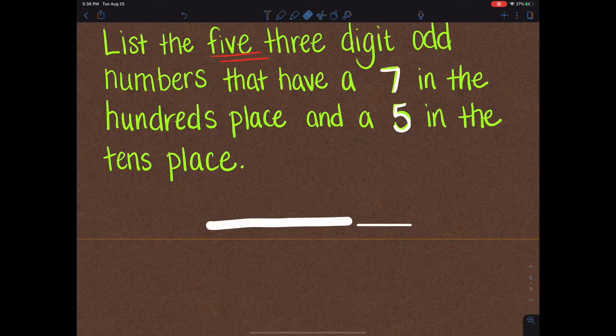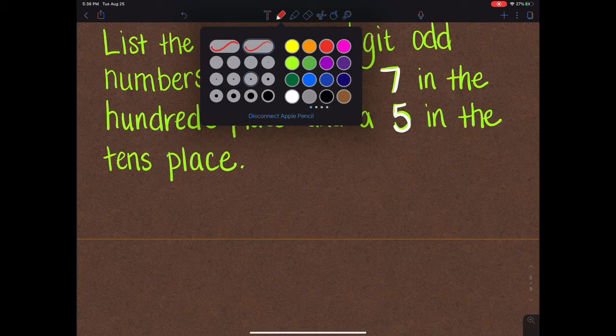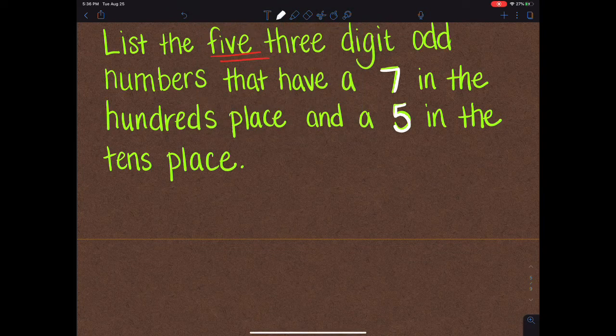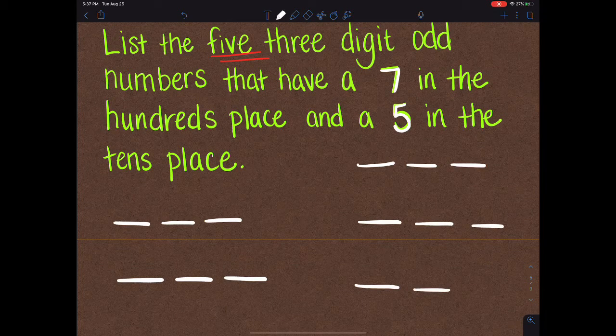So I'm going to erase this because we're going to have lots more than that, right? We're going to have 5 3-digit odd numbers. So here's going to be 1, 2, 3, 4, 5. So all of these are going to be 3-digit odd numbers.